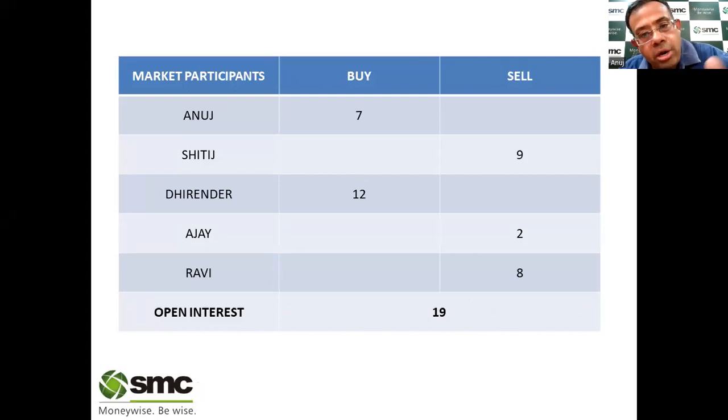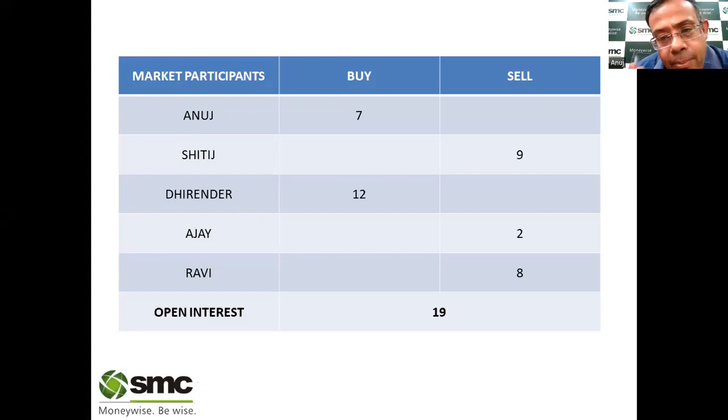Here Anuj has taken a long position of 7 lots, whereas Kshitij has short sold 9 lots. Dhiren has taken 12 lots on the long side, whereas Ajay and Ravi have taken short positions in 2 lots and 8 lots.